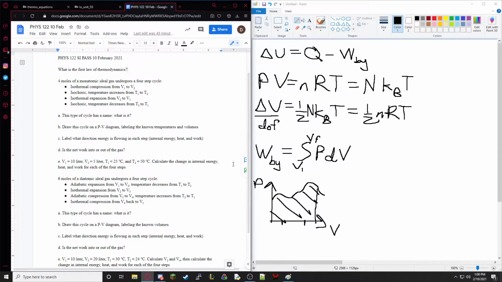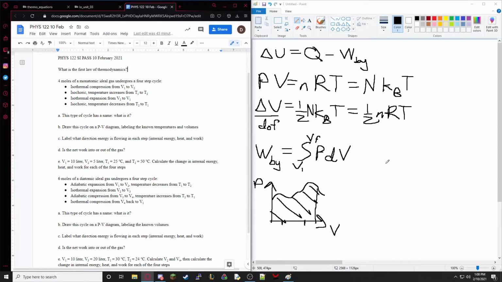It looks like the Otto cycle. It's not the Otto cycle. What would the Otto cycle be? Does the Otto cycle need adiabatic instead of isothermal?